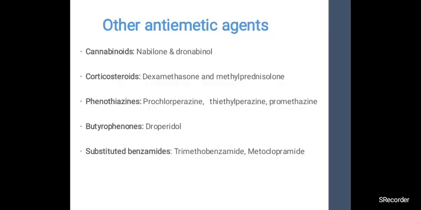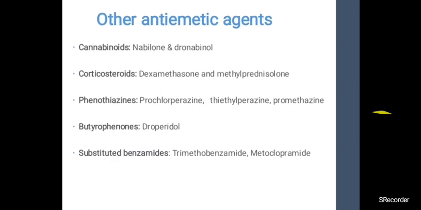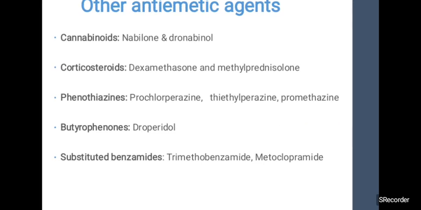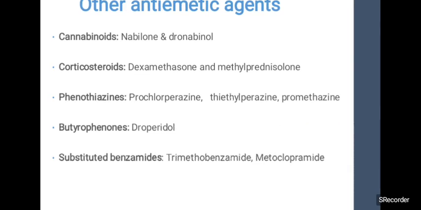Lastly, there are some other anti-emetic agents. They can be the cannabinoids. Here we have nabilone and dronabinol. We can also have the corticosteroids. Here, the main examples being dexamethasone and methylprednisolone.